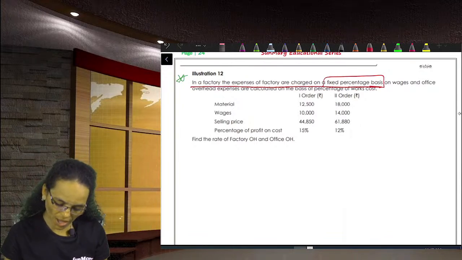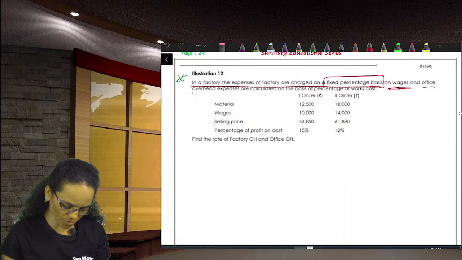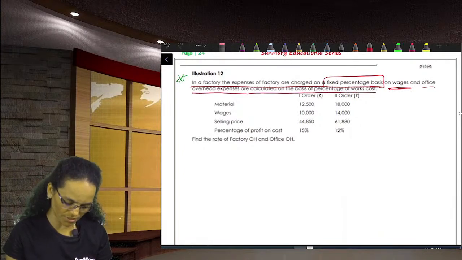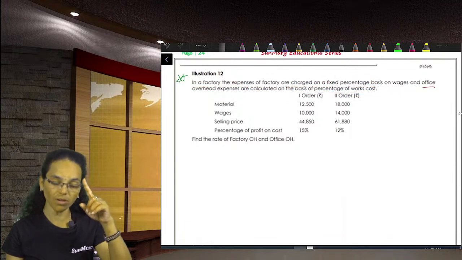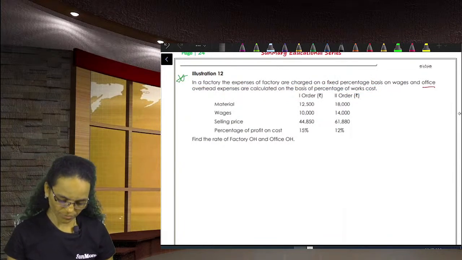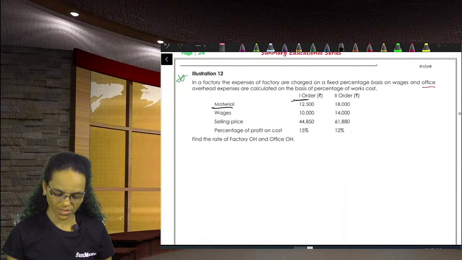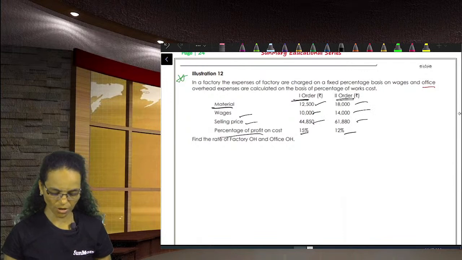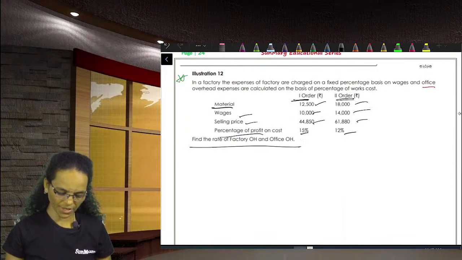On wages, and office overhead expenses are calculated on the basis of the percentage of works cost. Again you need to remember the cost sheet. Material is given for first order and second order, wages given, selling price given, percentage of profit on cost is given. Find the rate of factory overhead and office overheads.